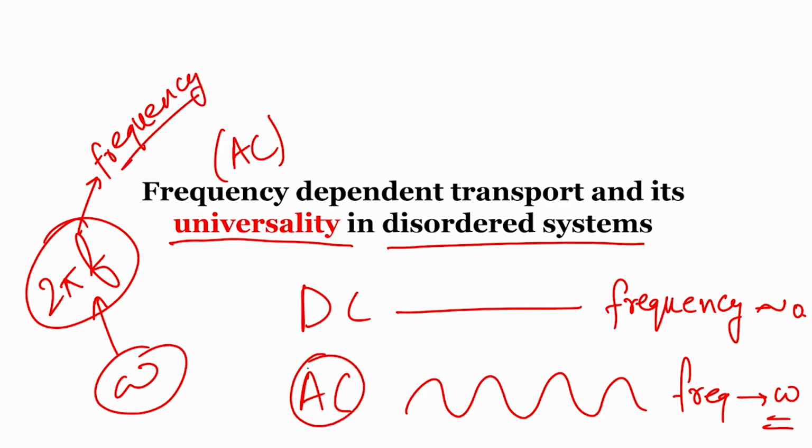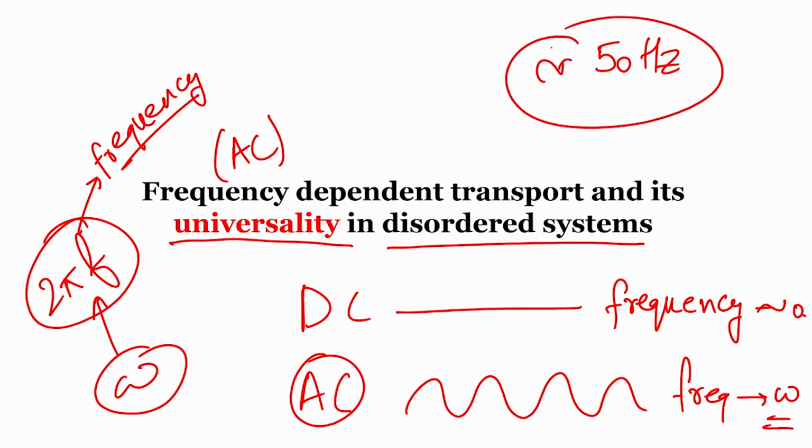For example, in our homes, at least in India, we have 50 Hertz as the line frequency. There are many such systems which work only on AC signals.